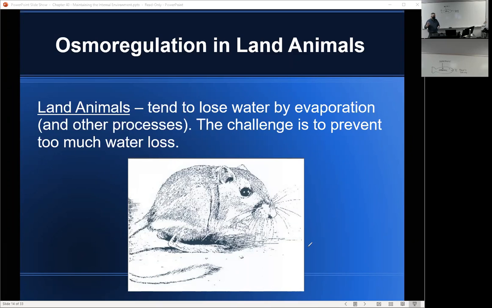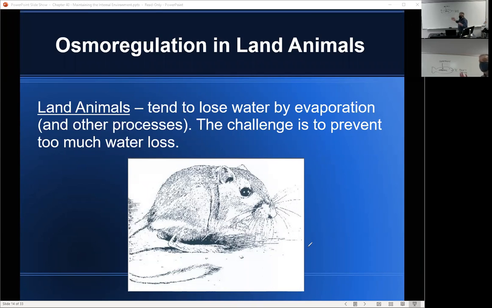Okay. The way that they do that is the structure of their kidneys is kind of unique. We'll talk about how kidneys function in osmoregulation a little bit later. But the kidneys of the kangaroo rat have the longest loop of Henle in their nephrons of any other animal on Earth.